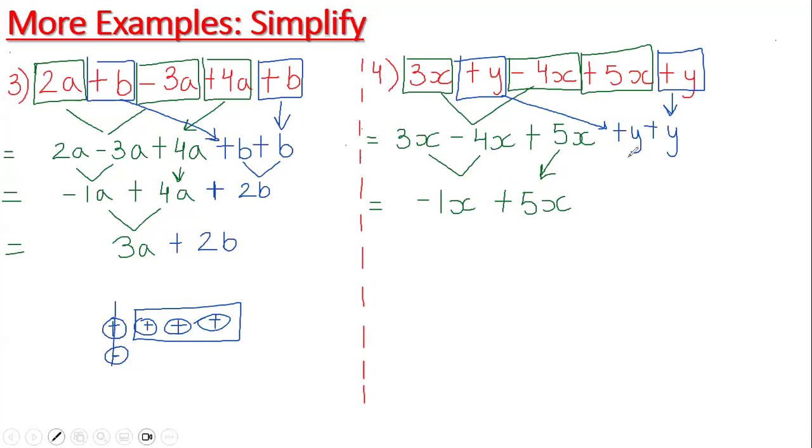So y plus y just gives us 2y. And then we have negative 1x plus 5x equals 4x, plus 2y.